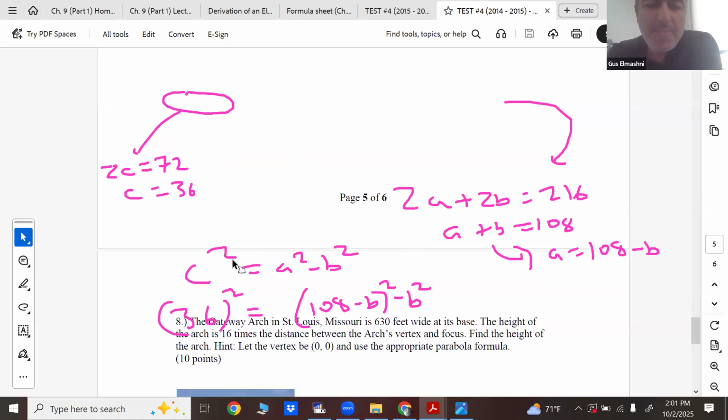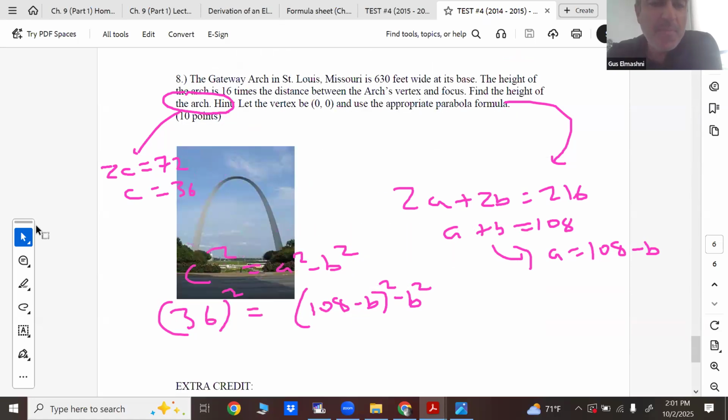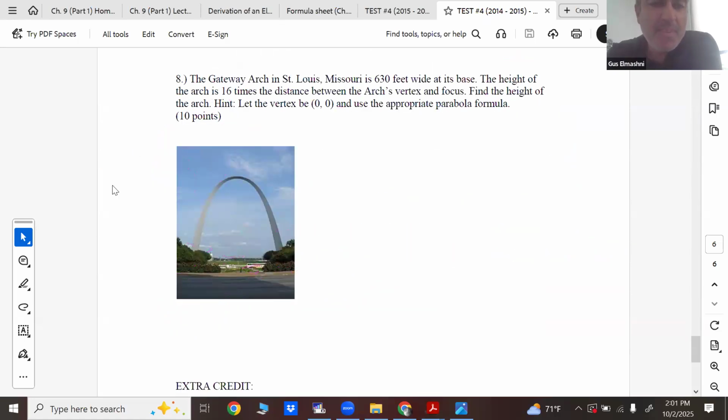No, it's hyperbola. Oh, this is a fun one. See this one here. This is a cool one. So this is real life: the Gateway Arch. What you want to do is model it like this. You deliberately make that monument or structure a parabola facing down.